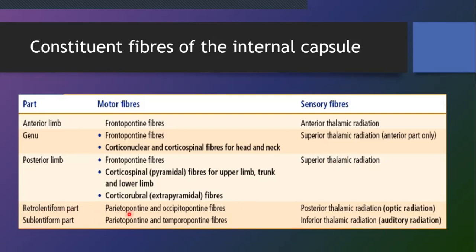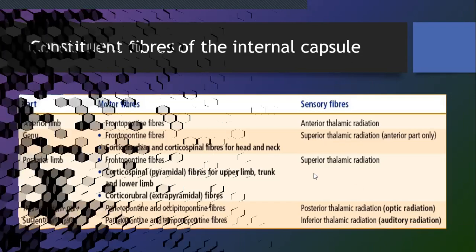Then the retrolentiform part will have the parietopontine and occipitopontine fibers, where the sensory fibers are the posterior thalamic radiation or the optic radiation, the other name of which is the geniculocalcarine tract. Then the sublentiform part has parietopontine and temporopontine fibers as the motor fibers, and the inferior thalamic radiation or the auditory radiation, also known as the geniculocortical tract. Okay. Now let's look at that.